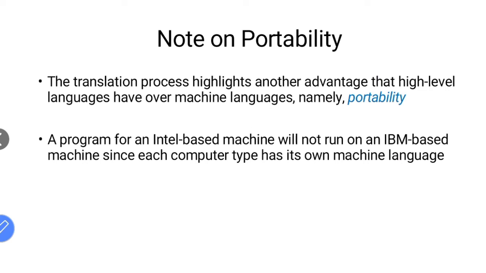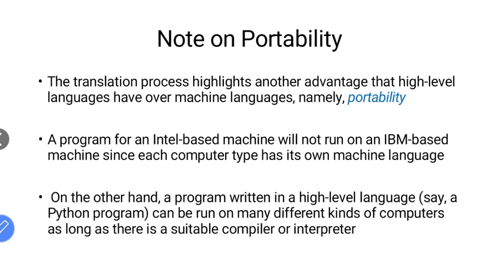A program for an Intel-based machine will not run on an IBM-based machine, since each computer type has its own machine language. On the other hand, a program written in a high-level language, say a Python program or Java program, can be run on many different kinds of computers as long as a suitable compiler or interpreter is available. Python programs are said to be portable, and Java also.